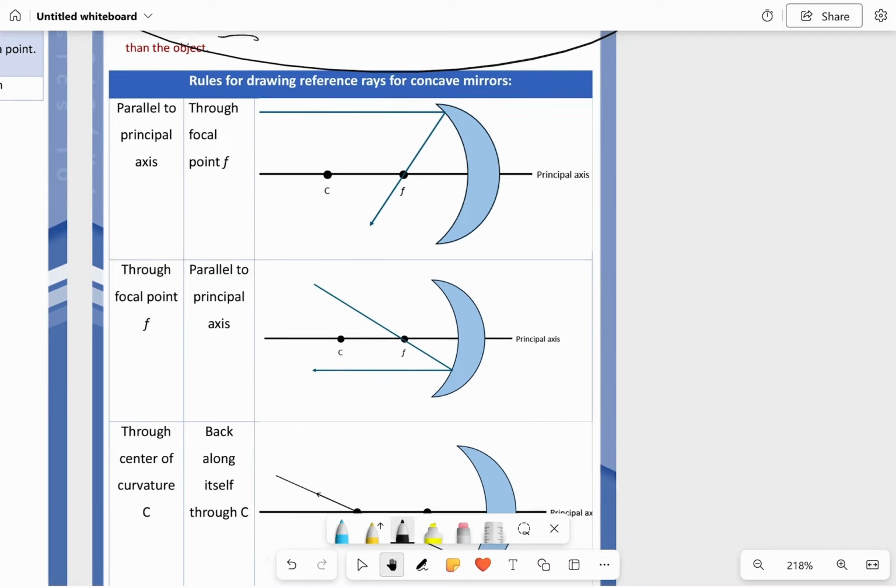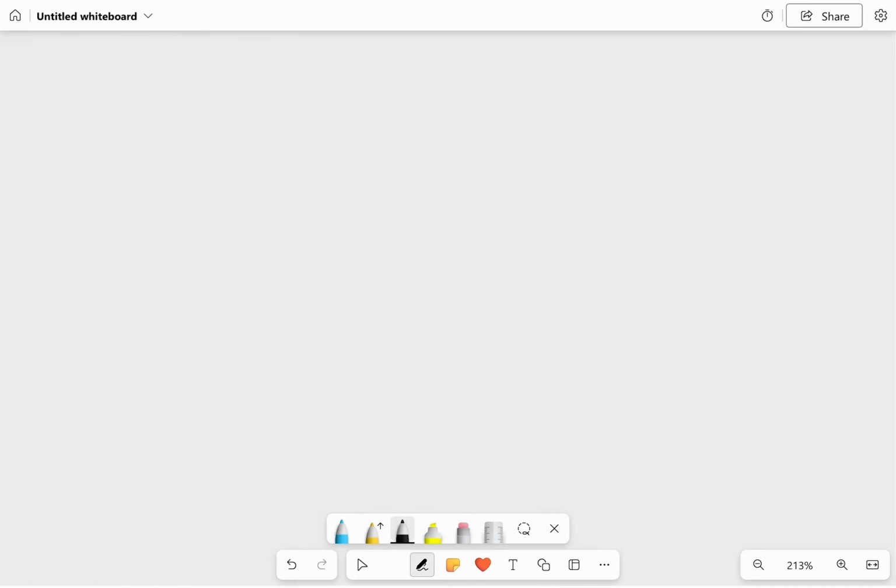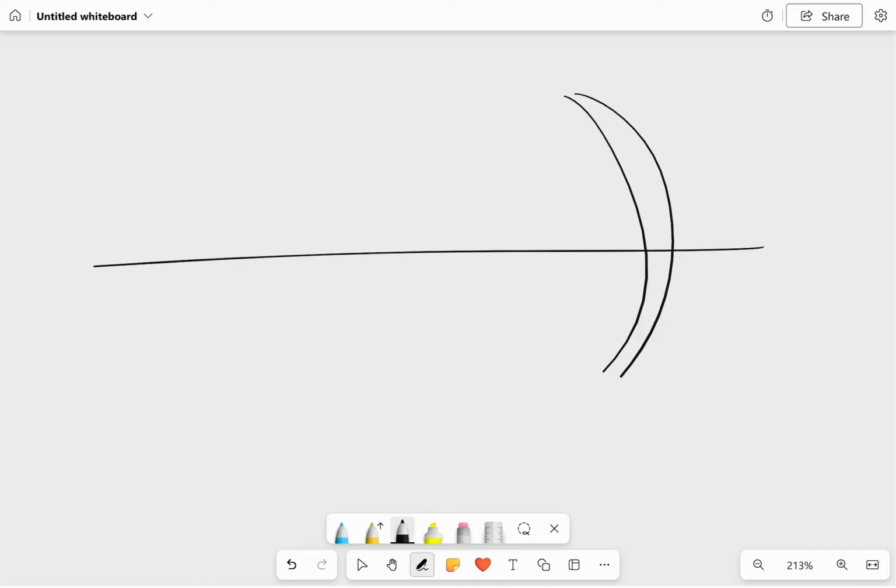These three rays are really important. When we are dealing with image formation by a concave mirror, we have three rays we should know. So this is a concave mirror, this is the focal point here, and this is the center.